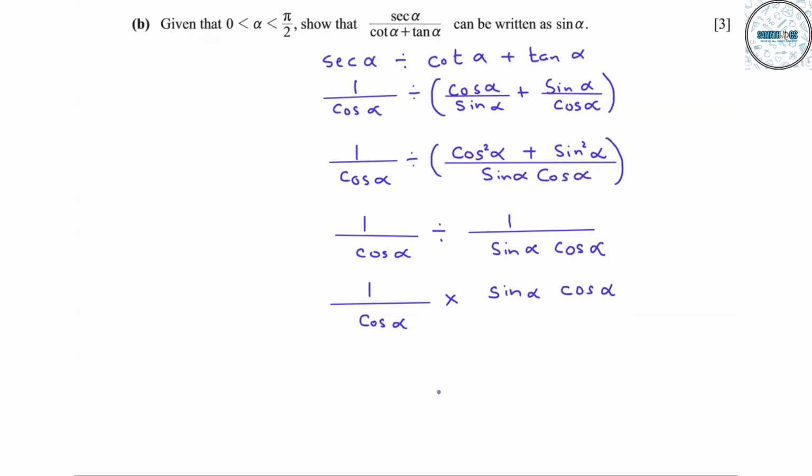Now this cos alpha and cos alpha will be cancelled out, so we will be left with sin alpha. So we have proved that sec alpha divided by cot alpha plus tan alpha can be written as sin alpha.